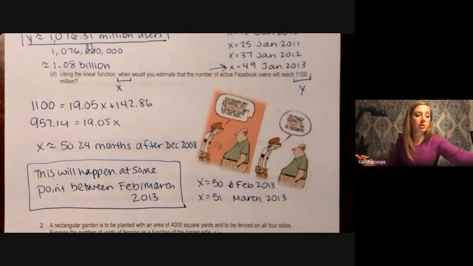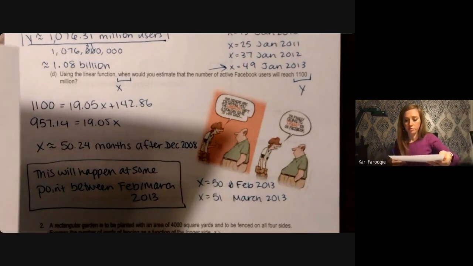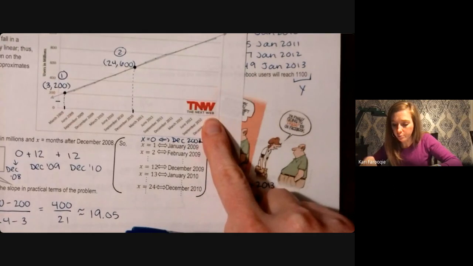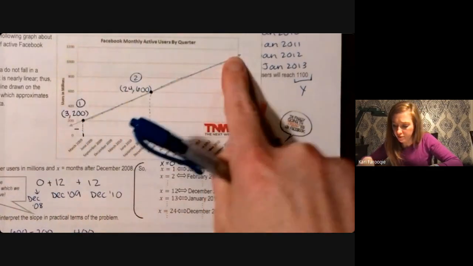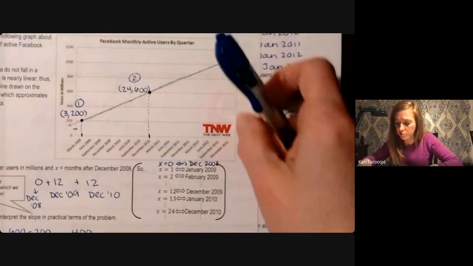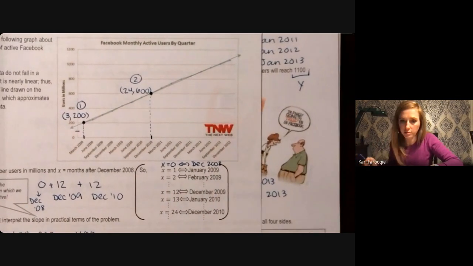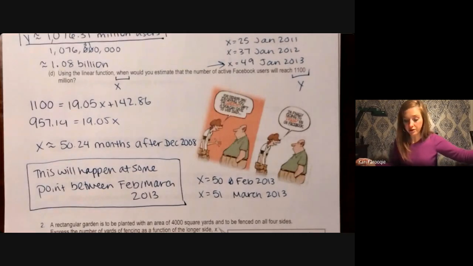And you can look and see if that makes sense, although your graph only really goes up to December of 2012 right here. But you're looking at when you think it's going to hit 1100, which is this quantity right up here. And yeah, you would think that that happens pretty soon after December of 2012. So it's just an estimate based on the model that we created from this graph using the slope and some points we knew on the graph.